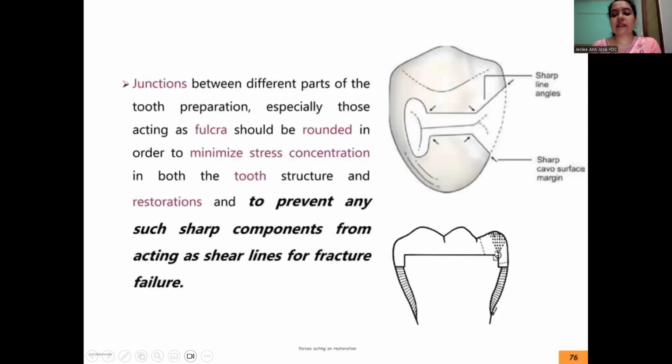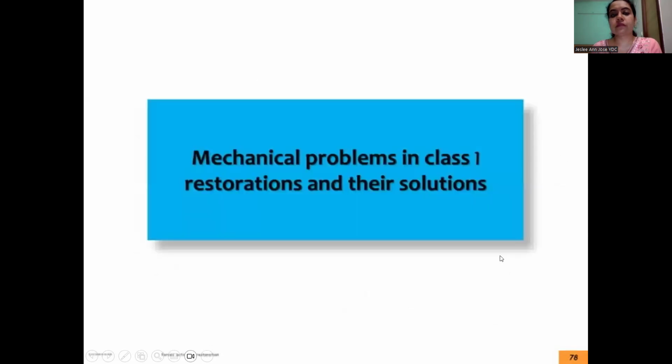Also, we need to check that we don't give a sharp point angle, especially an axiopulpal line angle or point angles when you do a class 2 cavity preparation, as these point angles and line angles may cause stress concentration areas. So we need to round off all the axiopulpal line angles and stress concentration areas.